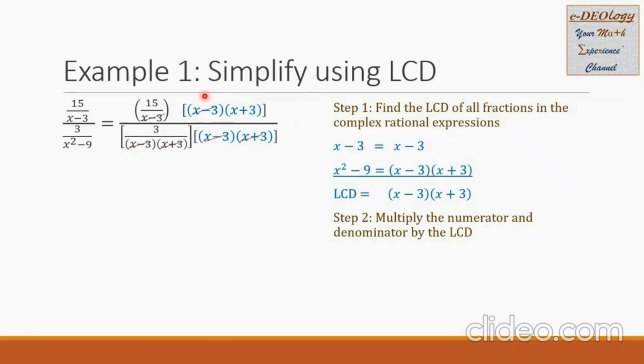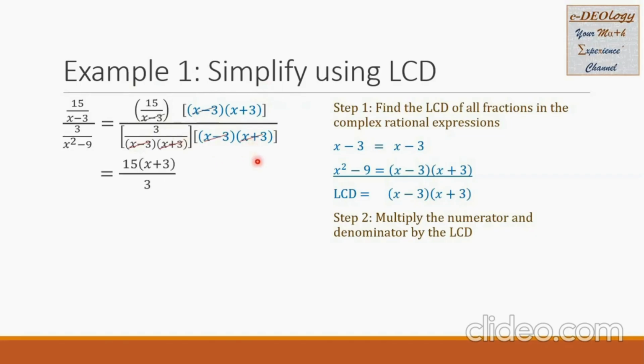And then let us cancel some terms that is common in the numerator and in the denominator. Look at our first group in the numerator. The x minus 3 can be cancelled with the x minus 3 here. In our big denominator, the denominator here is cancelled completely with the LCD.